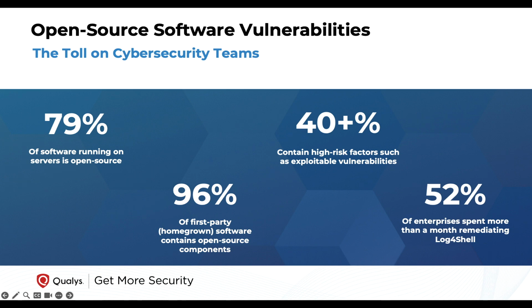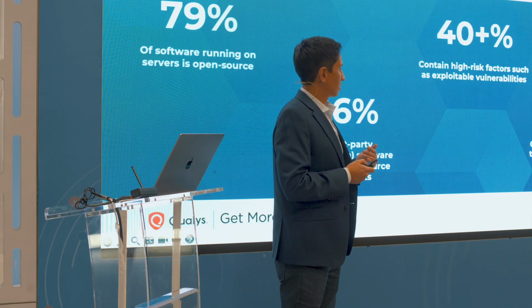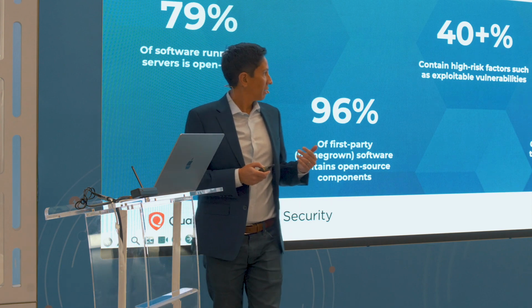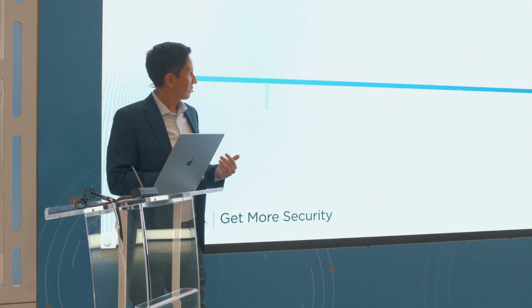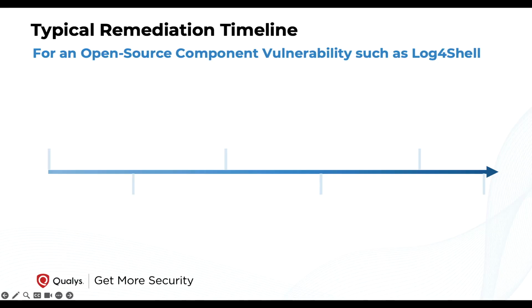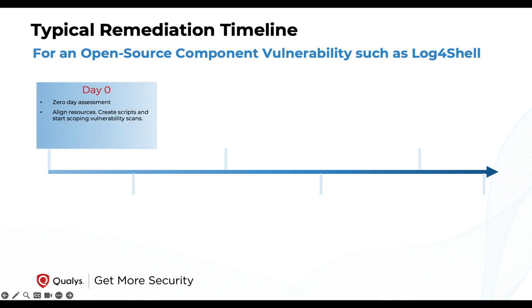And if you look at the impact of this, when Log4Shell happened, 1 in every 2 organizations spent more than a month remediating Log4Shell. If you look at the typical timeline of identifying the risk and then remediating these open source software vulnerabilities, you identify the vulnerability, you get notified, and you have to start aligning resources.